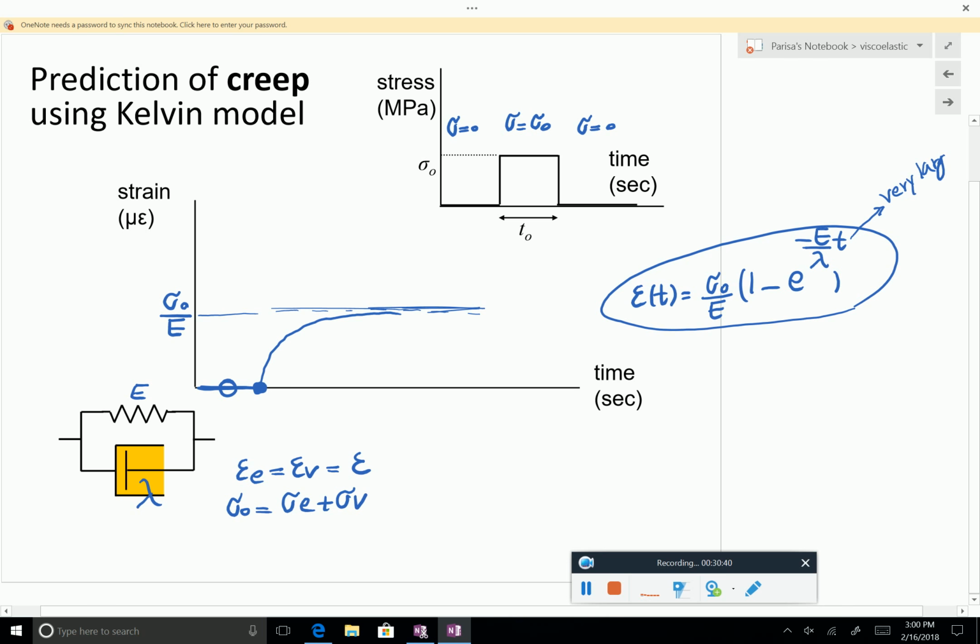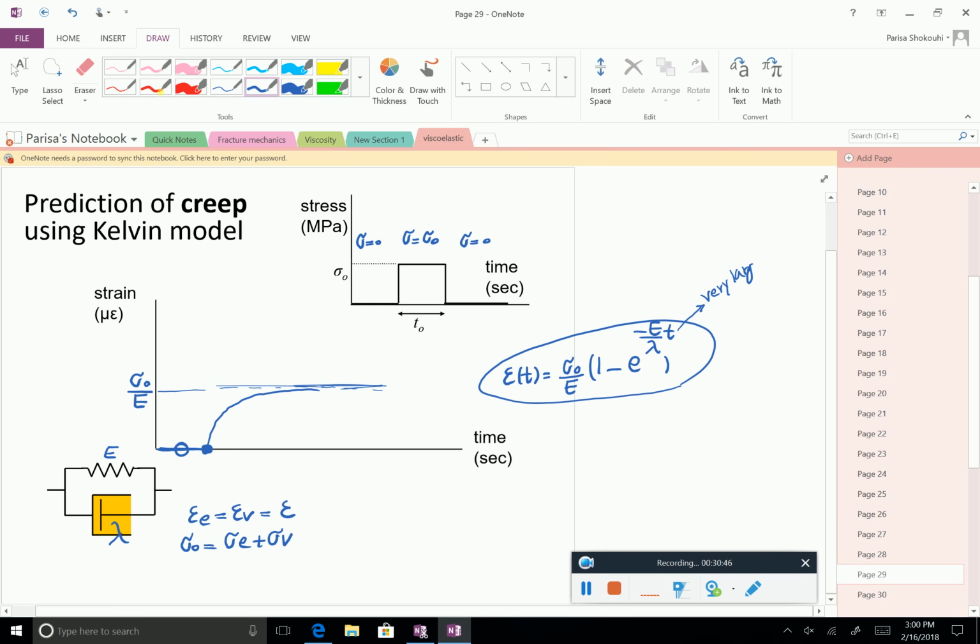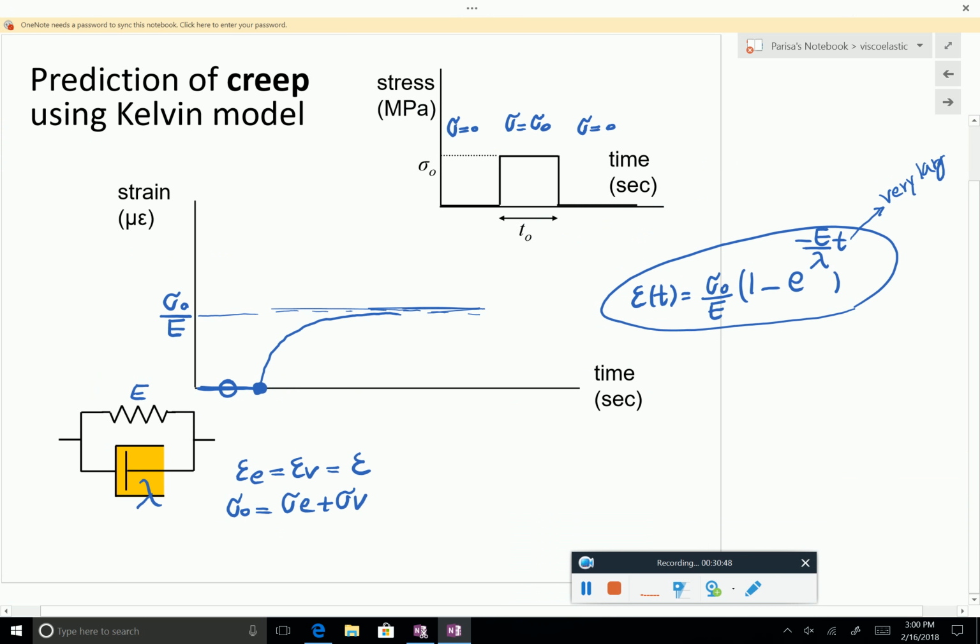But we haven't been patient enough. We have abrupted the loading at t0. Let me use another color. So the moment you abrupt the loading, it's going to relax exponentially.